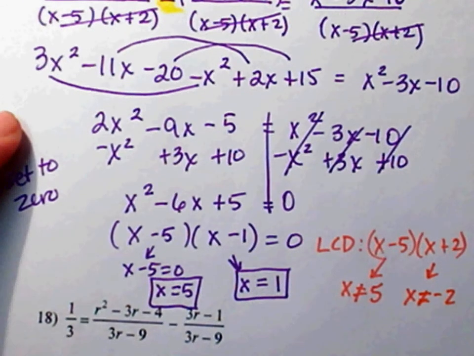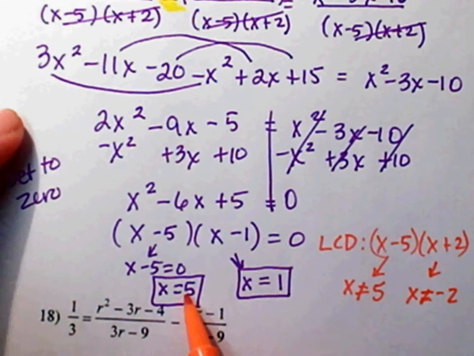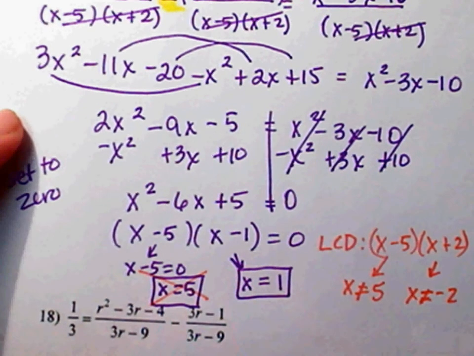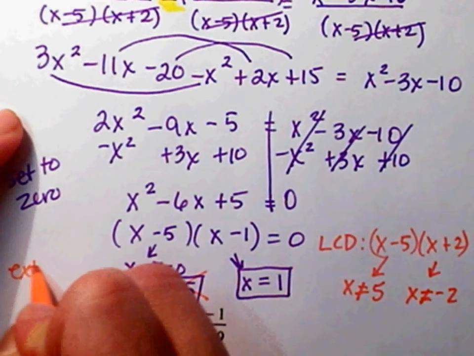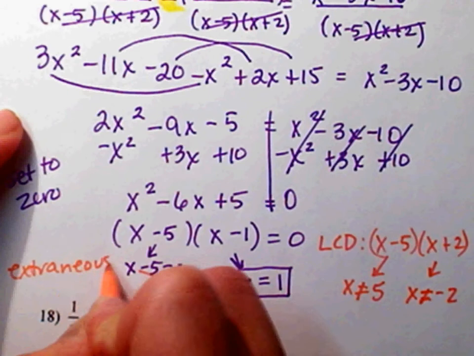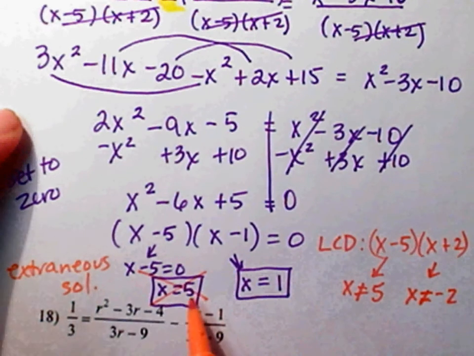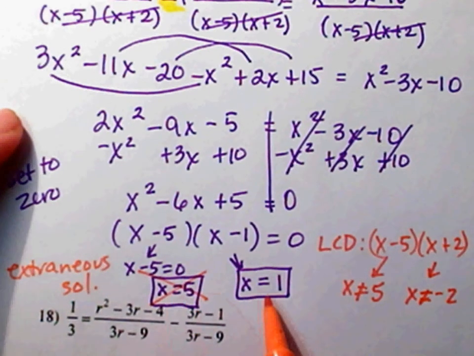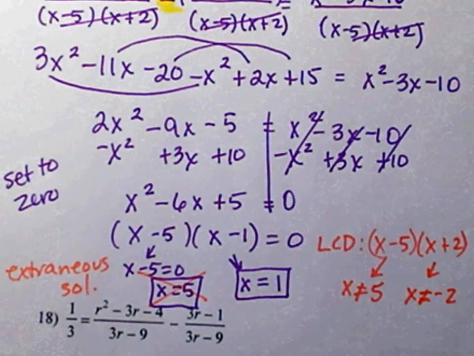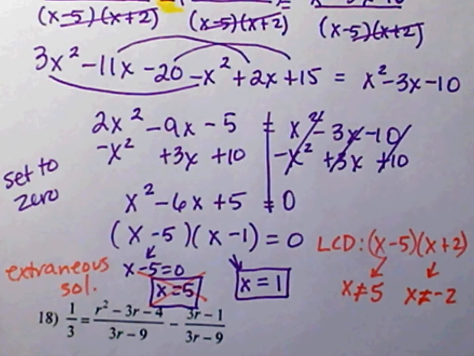Right there. That is called your extraneous solution. Okay? That's not going to count. So the only answer to this one is 1. So anytime you have two or more answers, and usually that's in your quadratic, you need to check to see if you have any extraneous solutions. And you can look at your least common denominator to determine that.